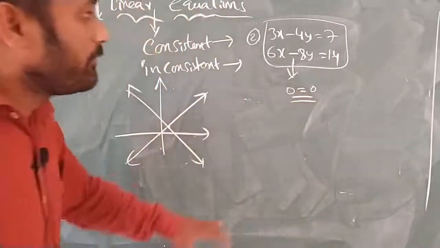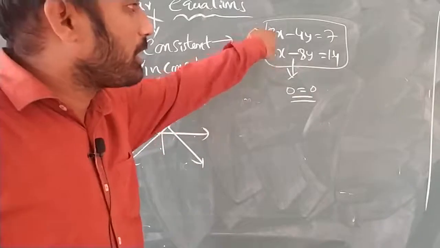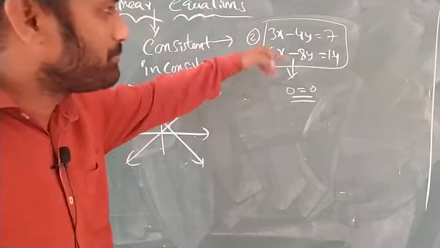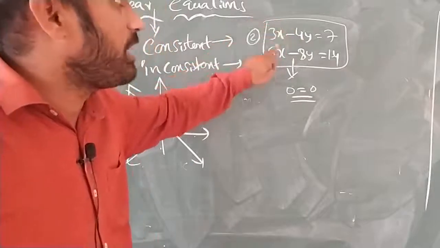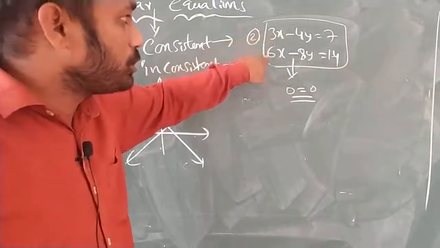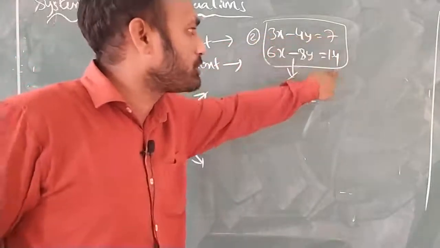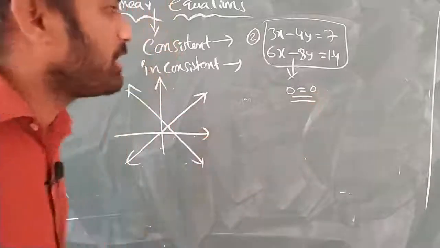It means we will never get the values for this. Why? Because these two are the same linear equation, but in the second equation we have multiplied by some scalar number, which is nothing but 2. 3 2s are 6, 4 2s are 8, 7 2s are 14. So we are not even going to get x and y values.